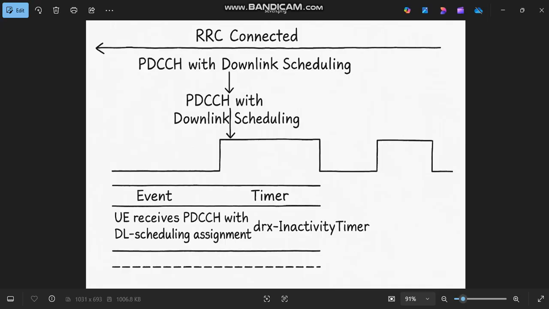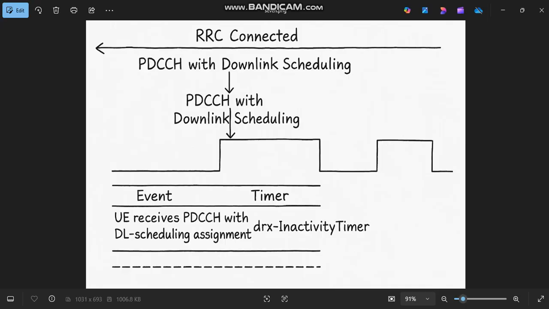So if we get PDCCH with downlink scheduling as one signal from the base station, and we also get another signal here, assume an imaginary signal, PDCCH with downlink scheduling here as well, the DRX inactivity timer can start from here as well. All these things can happen combined. The UE can increase its DRX inactivity timer because it is open to getting downlink data from the base station.